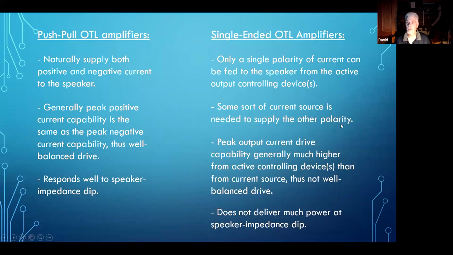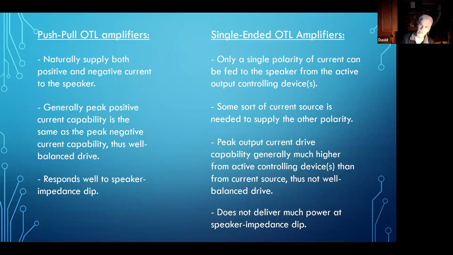If you're going to push the speaker in one direction with this one active output device, you have to have a way of pulling it in the other direction, because speakers want to be pushed and pulled in two different directions. They don't just want to be pushed in one direction. So you need a source of current.